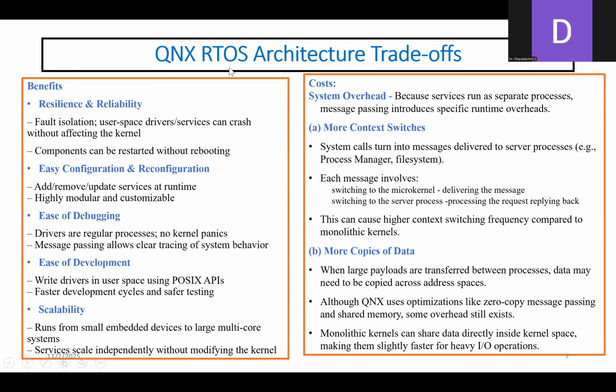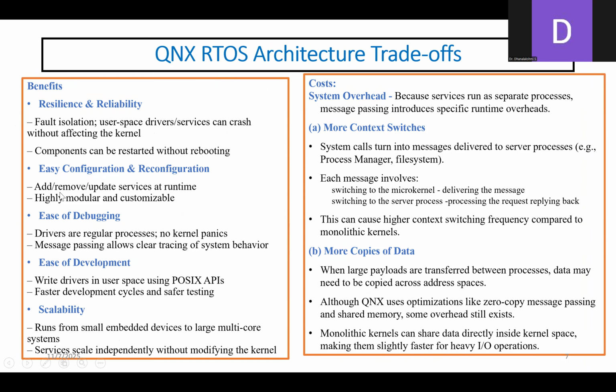In the QNX architecture, you have some trade-offs. Talking about the benefits, as I told you, it's resilience and reliability, because you can isolate the fault. User space driver services can crash without affecting the kernel, and components can be restarted without rebooting the entire OS. It's easy for configuration and reconfiguration.